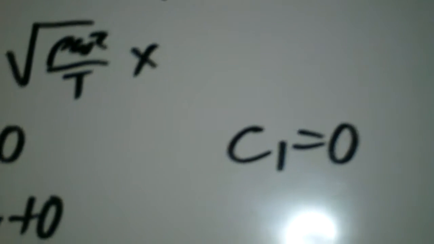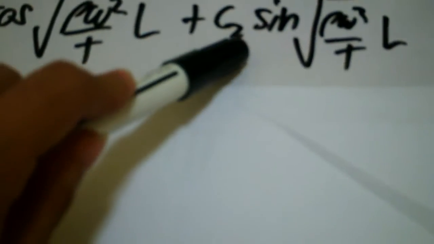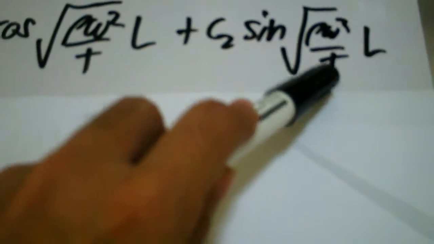So now we can solve the problem. We will now get 0 equals c1 cosine of square root of rho omega squared over T L plus c2 sine of square root of rho omega squared over T L. Since c1 is equal to 0, we can eliminate the first term, so we can only focus on c2 sine of square root of rho omega squared over T L. So what will be the values that make this sine equal to 0?